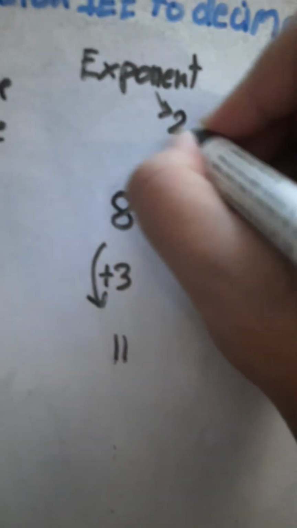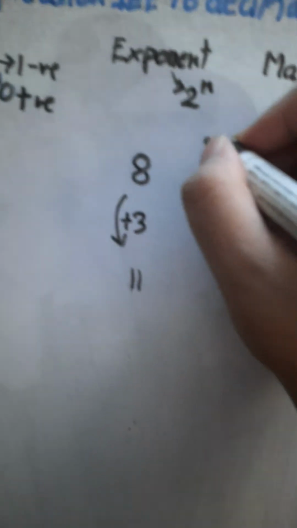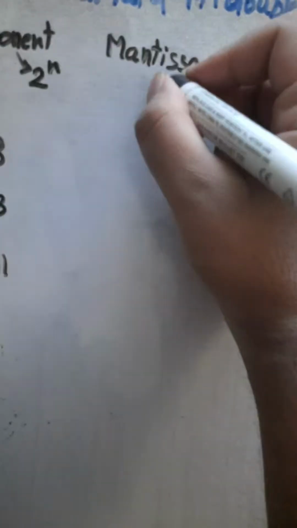And how do you remember how many mantissa bits there are? Mantissa is the real thing, and the exponent is how many points you can skip. Let me write it. This is positive or negative, and this is 2 raised to n, depending on how many decimal points there are. And this is the real number.